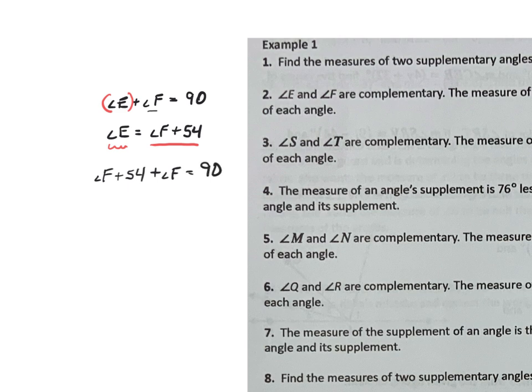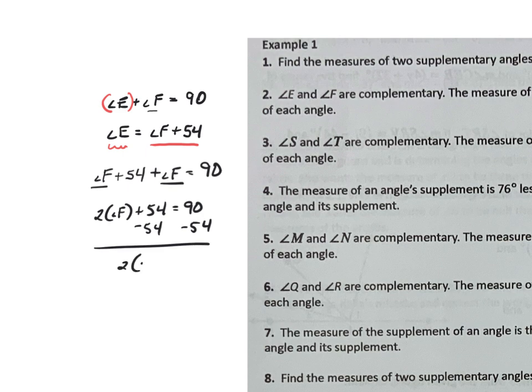Now I can go ahead and combine like terms, and I have one angle F plus another angle F, so I have 2 times angle F plus 54 is equal to 90. Subtract 54 from both sides using my inverse operations to isolate my unknown angle F.